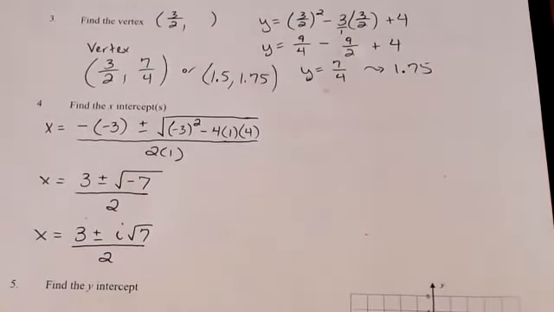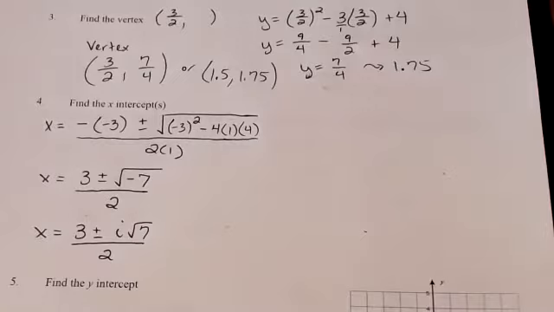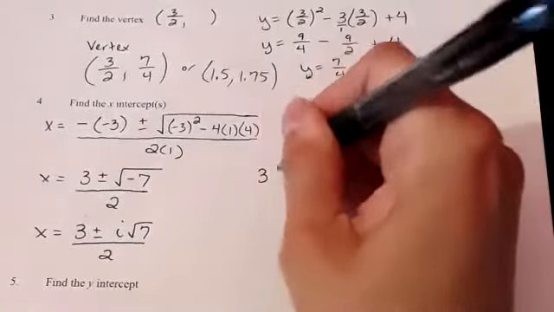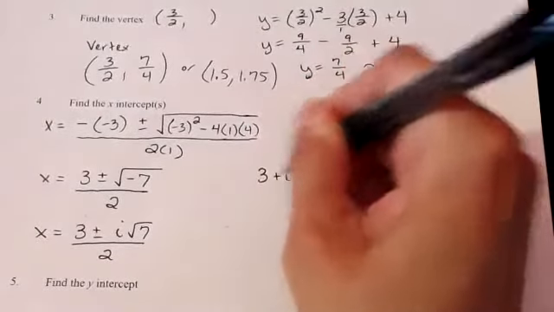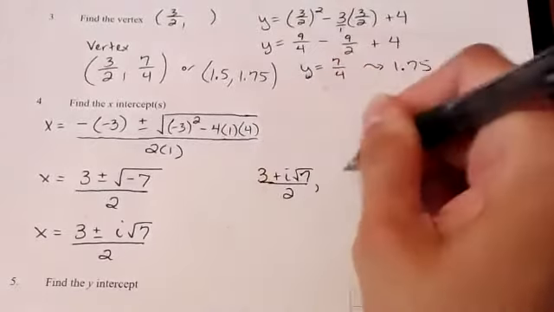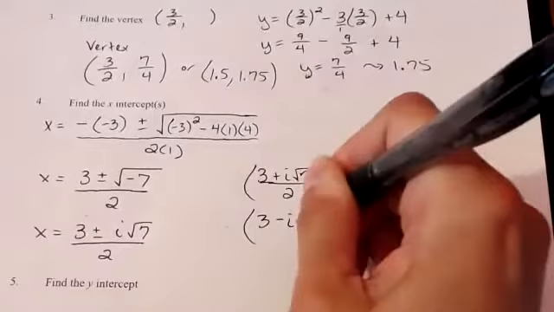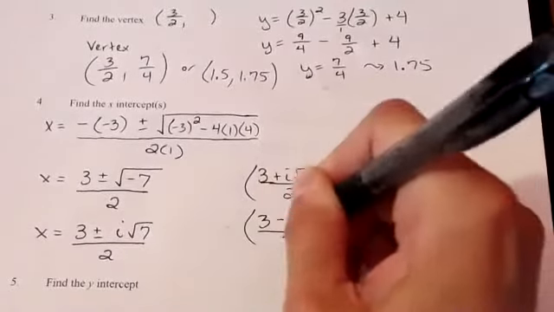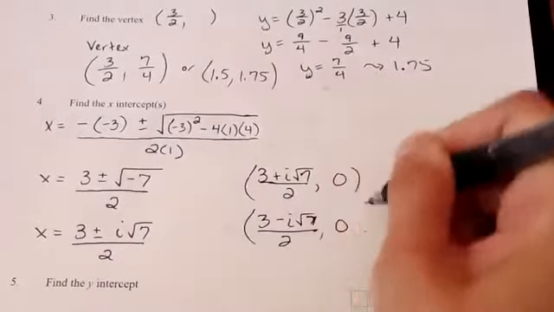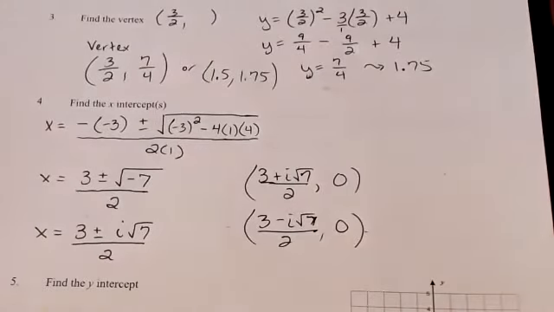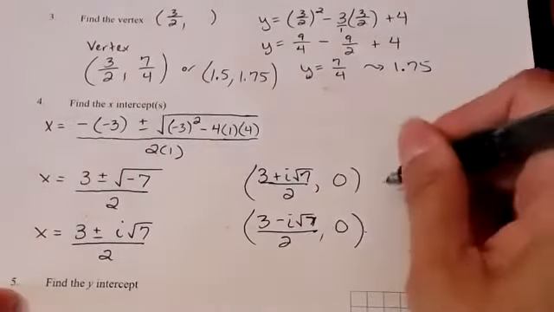So we can write our x-intercepts as 3 plus i square root of 7 over 2 and 3 minus i square root of 7 over 2. So these are my x-intercepts, but they're imaginary. So we're not actually going to graph those. They're just for our reference. Here are our x-intercepts.